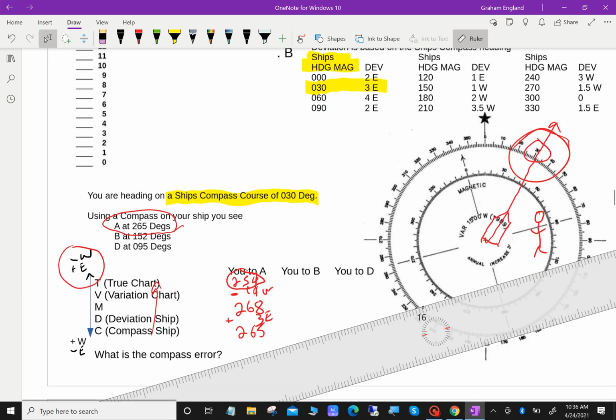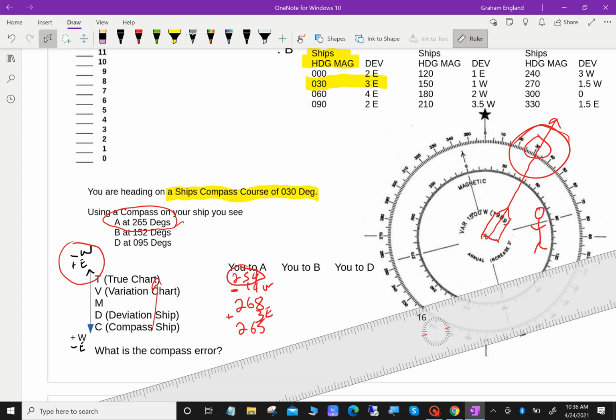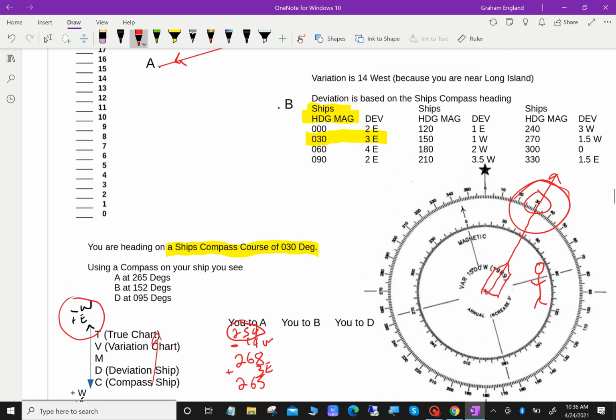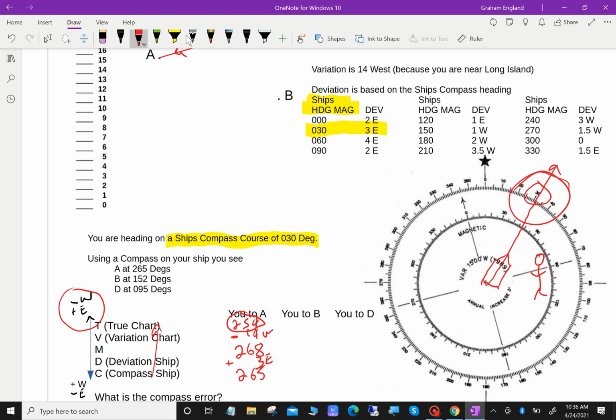Now, to object number B, letter B, it says that I looked at this and I saw it over here at 150. So this is 152, like right here.